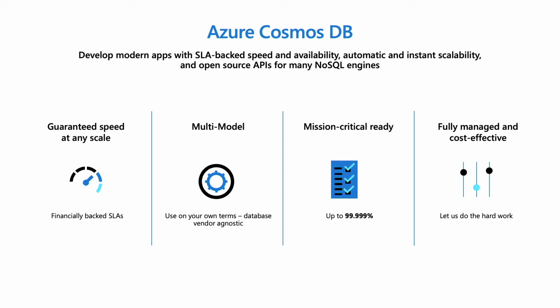And lastly, mission critical is a big word and a really important part, but more importantly, your users want to be able to access your applications whenever they want to and not experience any downtime. So Azure Cosmos DB offers up to 5 nines of availability, similar to Azure Cache for Redis, and ensures your applications will always be online.